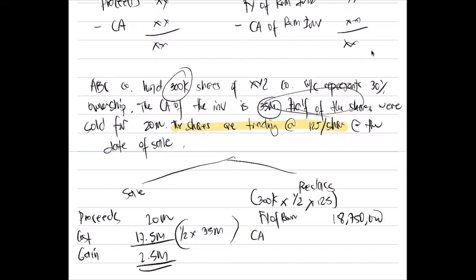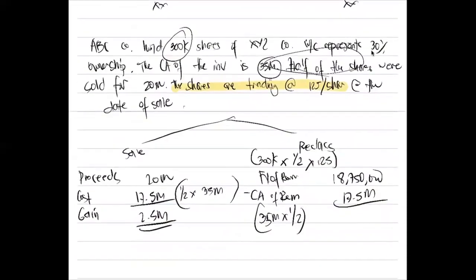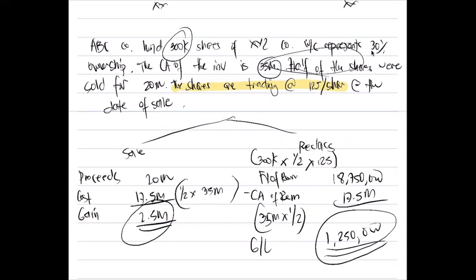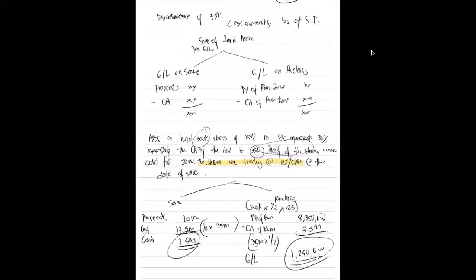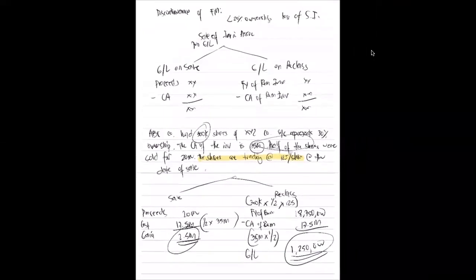Less the carrying amount of remaining investment. So kung 35 million yan, remaining is one half, 17.5 million. What is the gain or loss on your reclassification? So we have 1,250,000 pesos.